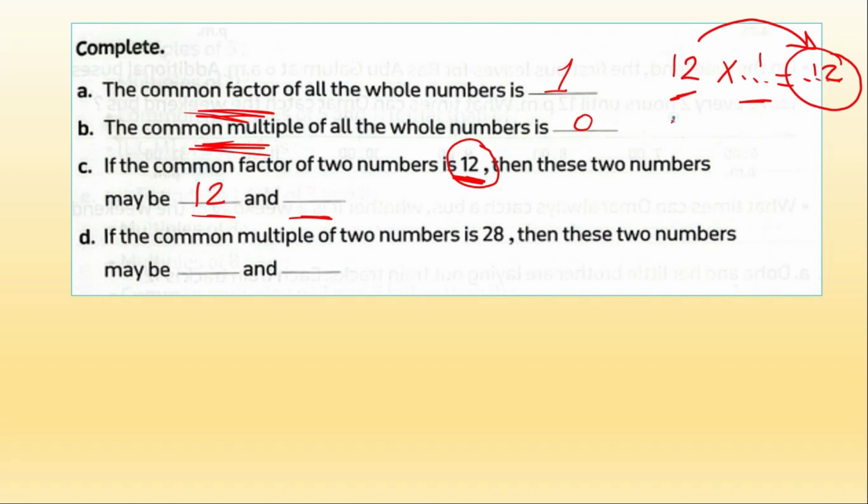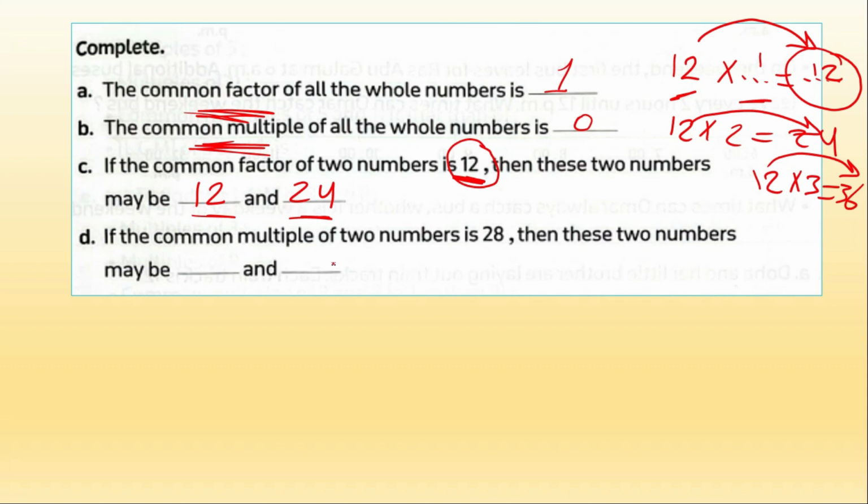And you can say 12 times 2 equals 24, so 12 is a factor of 24. And so on. You can say 12 times 3 equals 36, so 12 is a factor of 36. And you have more answers.